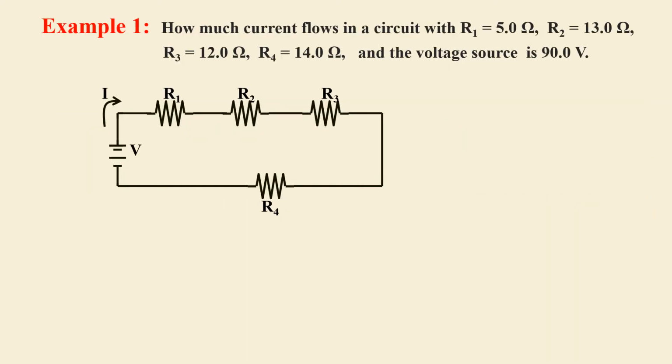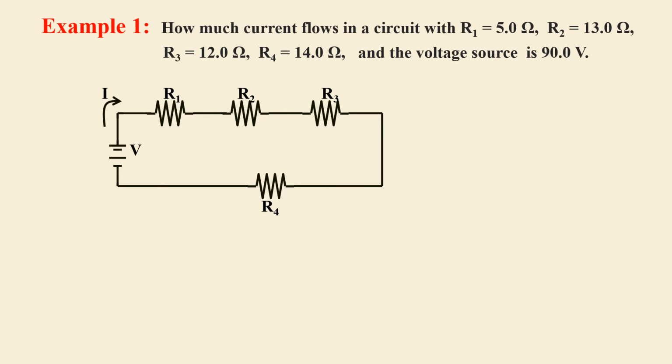Now let us do some examples. Example number 1. How much current flows in a circuit with R1 equals 5 ohms, R sub 2 equals 13 ohms, R sub 3 equals 12 ohms, and R sub 4 equals 14 ohms, and the voltage source is 90 volts? As can be seen in the figure, the connection is a series circuit.